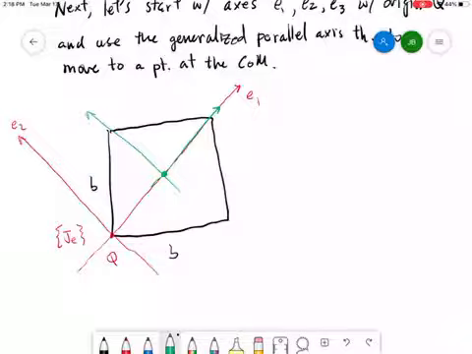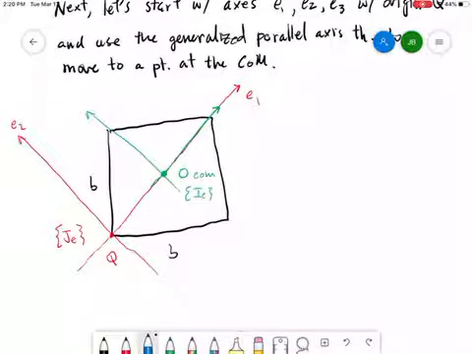So this is point O at the center of mass, and we're going to calculate the inertia tensor, and I'm going to label it IE. Okay, the vector A that connects the two origins is this vector. So this is vector A.